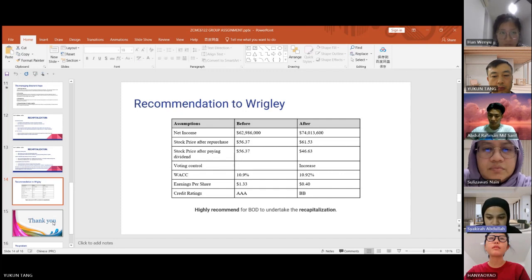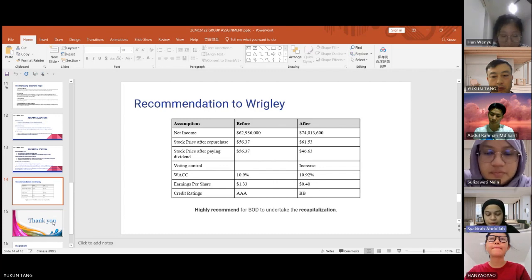The downside of this transaction is that the earnings per share will plummet after the transaction, and even though the credit rating falls to BB from AAA, it denotes moderate prospects for ongoing viability for WRIGLEY. From this, we learned that even though there is a downgrade on credit rating, WRIGLEY will still be able to meet its financial commitments.